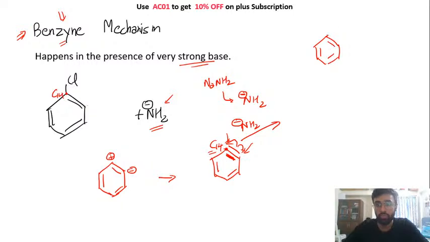One is this one, where this carbon is carbon 14 and your NH2 is here, while the other product is this thing. This is your carbon 14 and your NH2 is present here. So you will have both the products 50-50% in the solution.